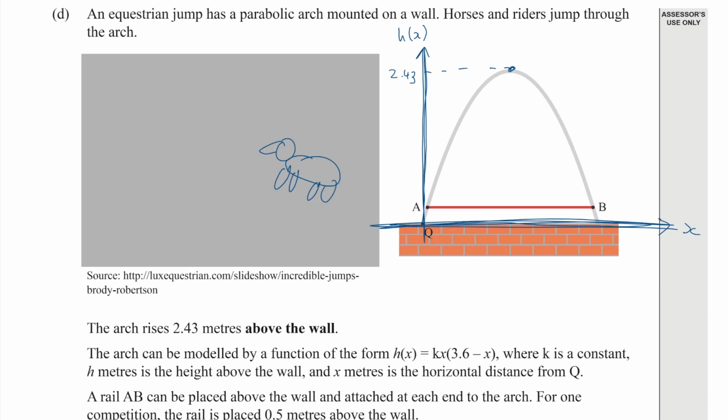Do you know what we call this form of a parabola? It's called x-intercept form. It just looks a little bit different, right? So one x-intercept is at the origin, or x equals 0, and one x-intercept is at 3.6.